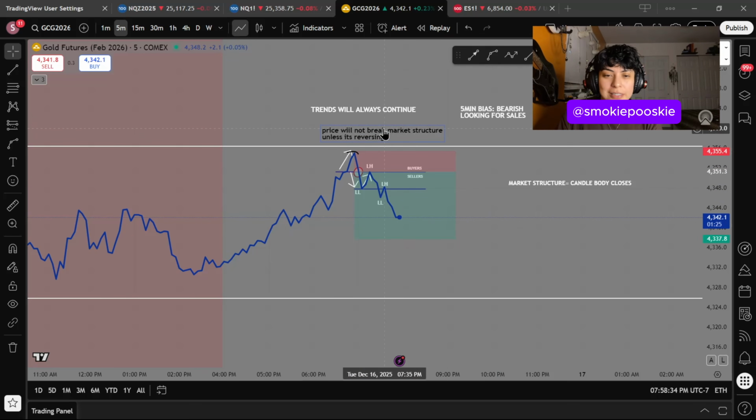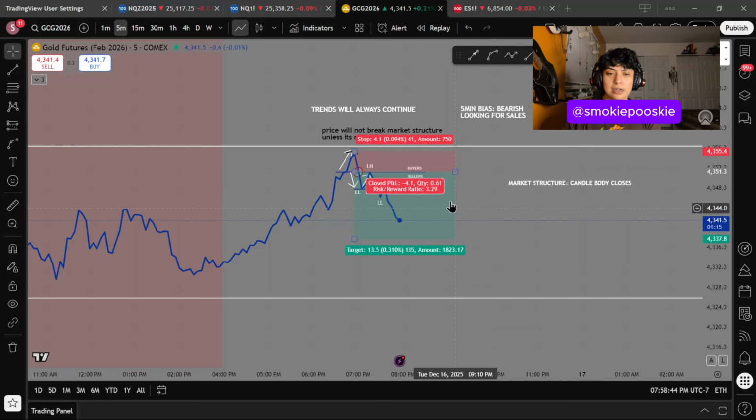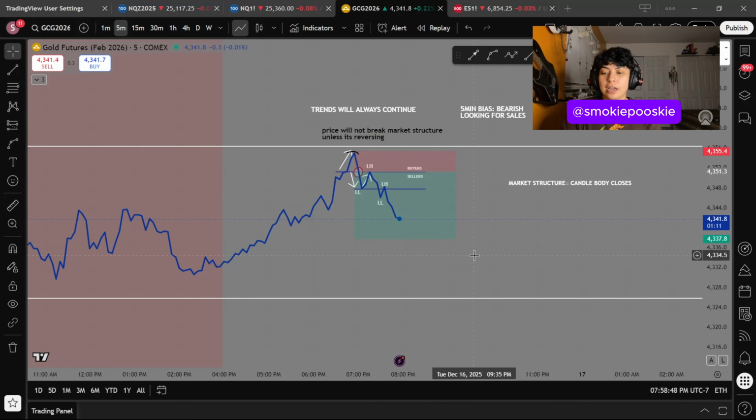Until price breaks market structure, because that's going to tell you, okay, I'm done with my bearish trend, I'm going to go back bullish. So stop your sell, and you can start a buy, right?